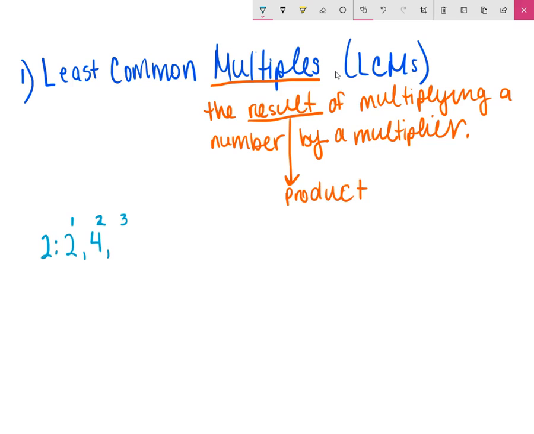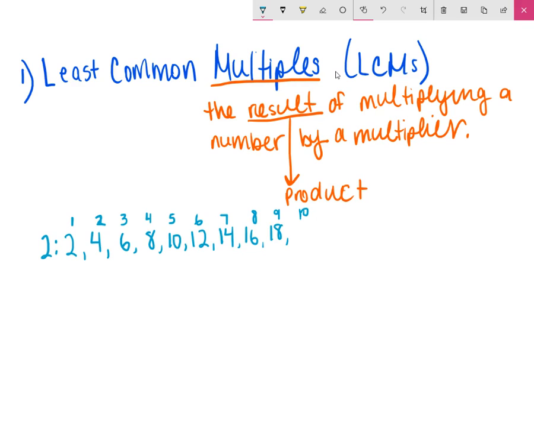The next multiplier is 3. 2 times 3, what's that? 6. We can use 4. 4 times 2 is 8. We can use 5. 5 times 2 is 10. 6. 6 times 2 is 12. 7. 7 times 2 is 14. 8. 8 times 2 is 16. 9. 9 times 2 is 18.